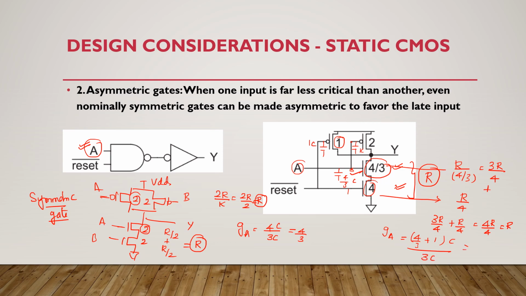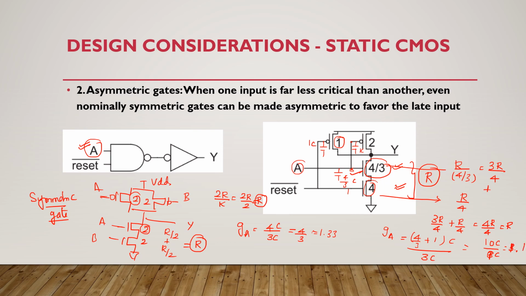So here 10C by 3... sorry, here it is 10C by 9C. So 9C means it is 1 point something, right? So here it is 1.133, but here the logical effort is 1.11.